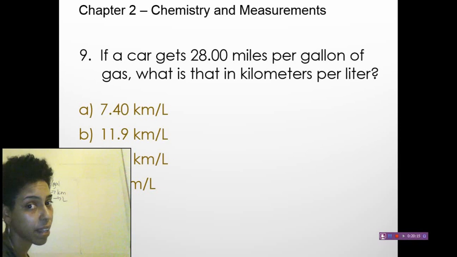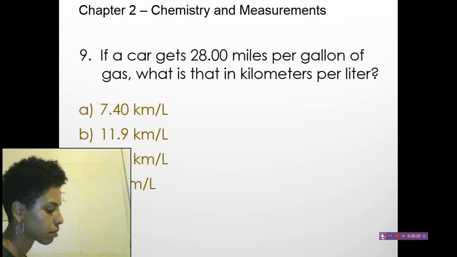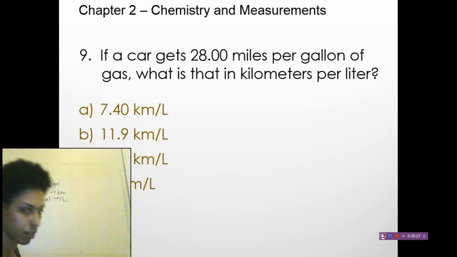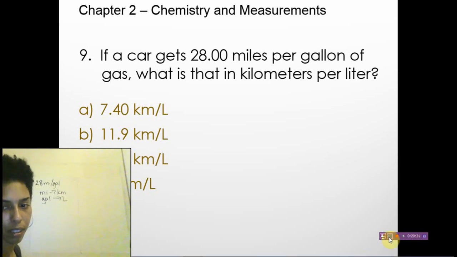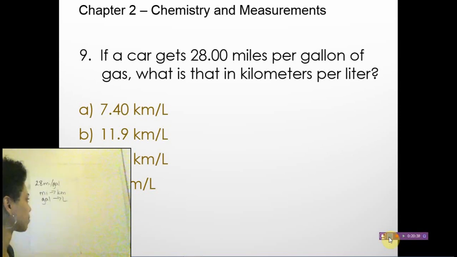So first we have to have our conversions. Hold on one moment. Let me collect the conversion factors. Okay, I'm back. I got the required conversion factors.